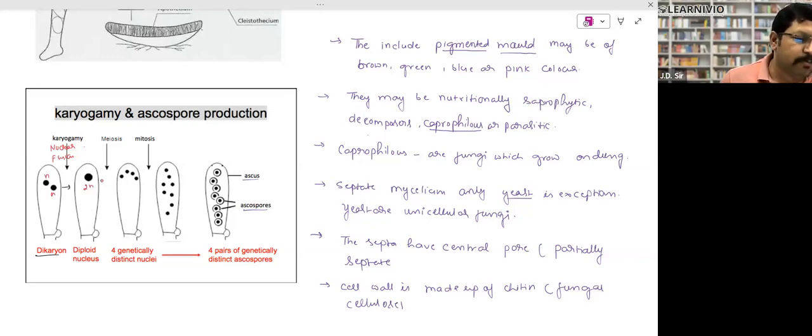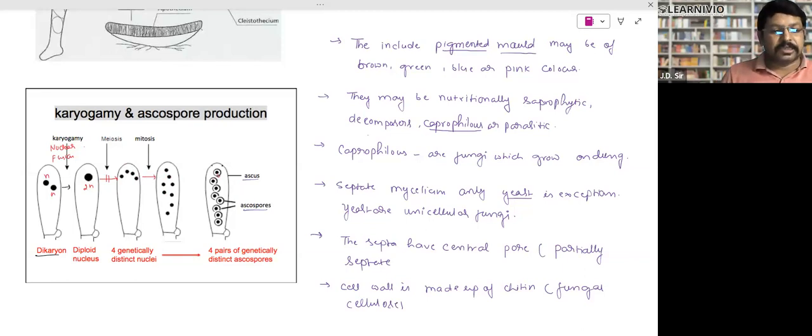Now what will happen? Meiosis will take place. Meiosis is called reduction division, right? The number of chromosomes will again become half, and in meiosis from one nucleus, formation of 4 nuclei will take place, right? I have told you either the ascus will have four ascospores, or sometimes again mitosis, most of the time in fact again mitosis takes place, and from these four, formation of 8 nuclei takes place.